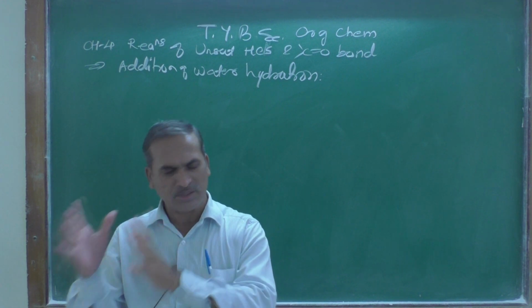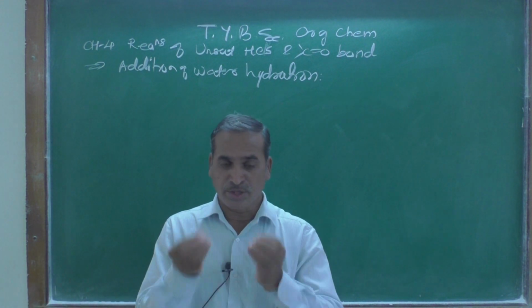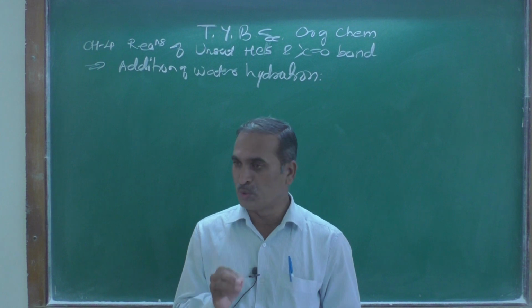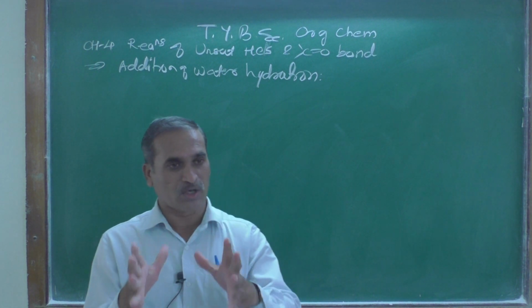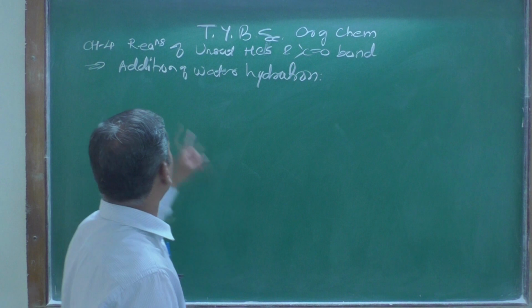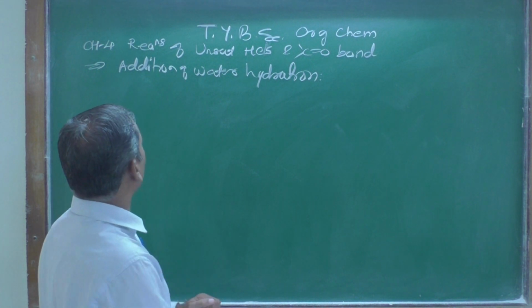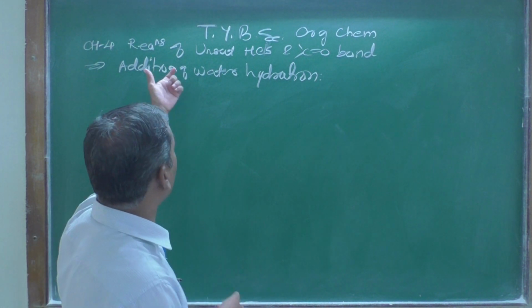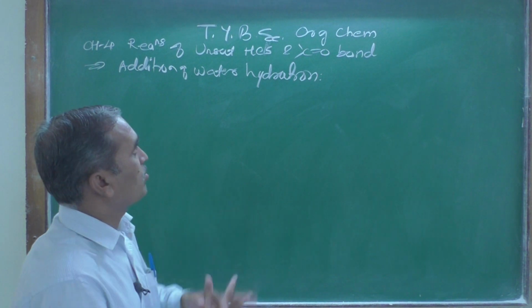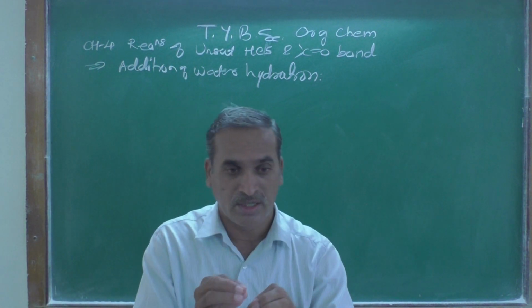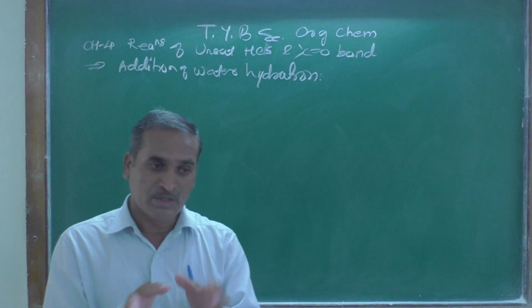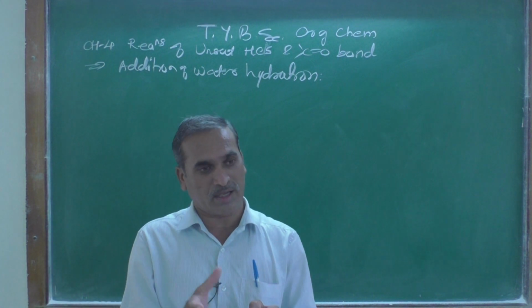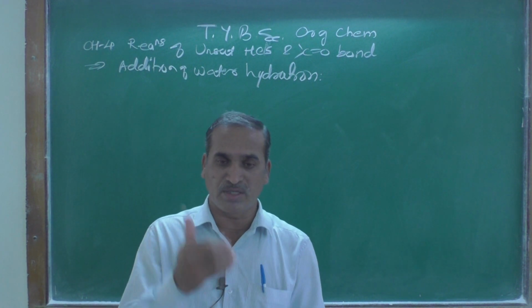And this way we have learned, and today we are going to learn, because we are talking about chapter number 4, the reactions of unsaturated hydrocarbons and the carbon-oxygen double bond. Unsaturated means what?